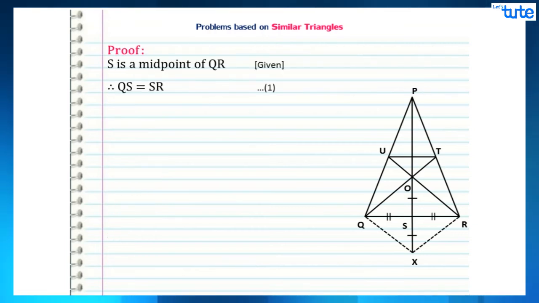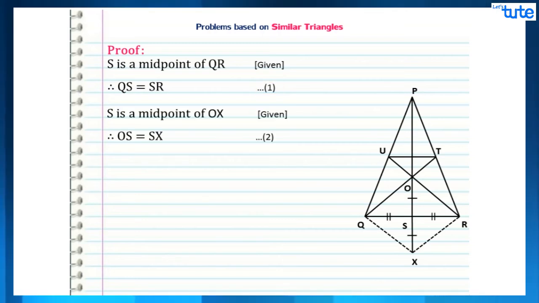As we just now saw, we are given that S is the midpoint of QR. Therefore, QS is equal to SR. Consider this as equation 1. And also, S is the midpoint of OX. Therefore, OS is equal to SX. Consider this as equation 2.